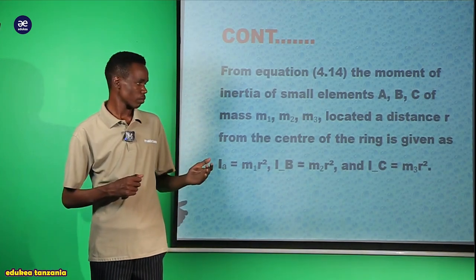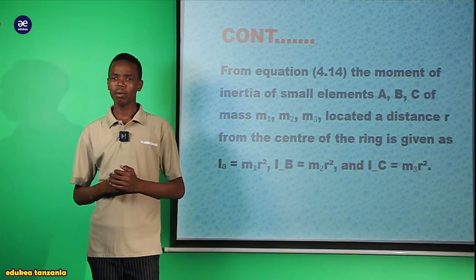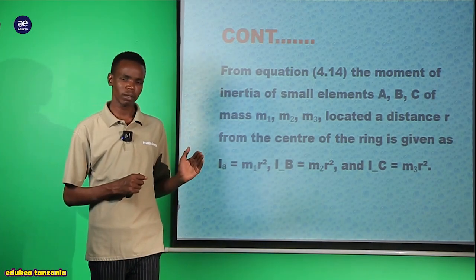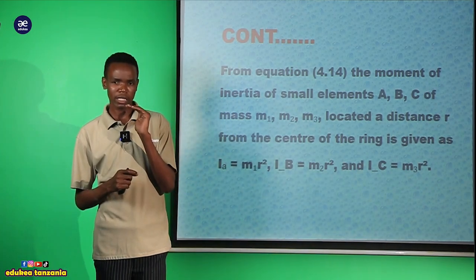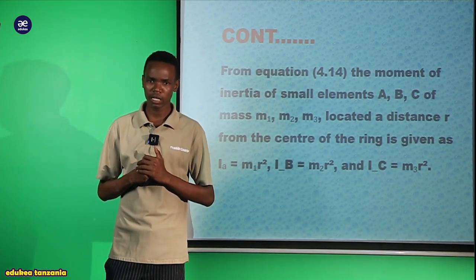where this r squared represents the distance between point B and the center of the ring. Finally, for point C here, we obtain the moment of inertia by taking the mass, because at point C we have the mass 3.